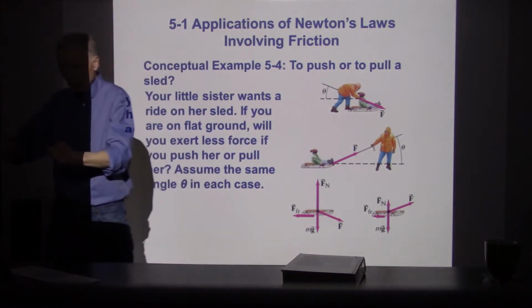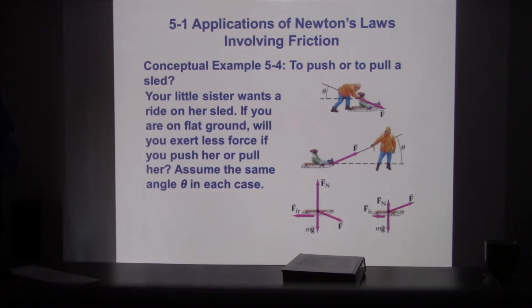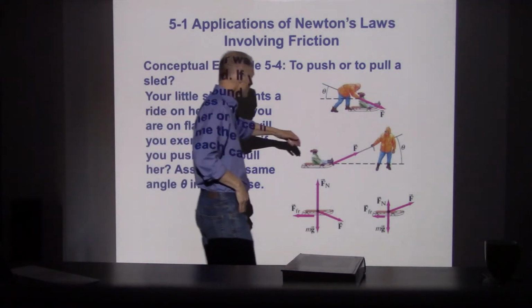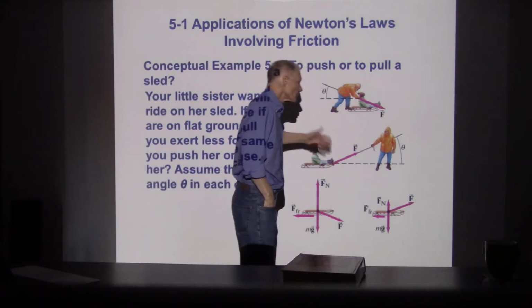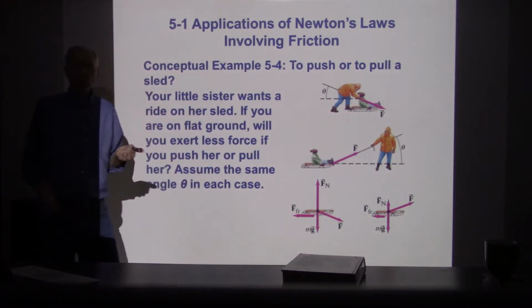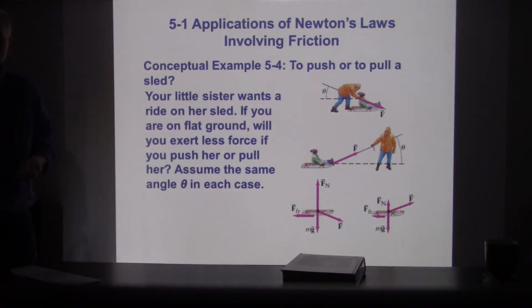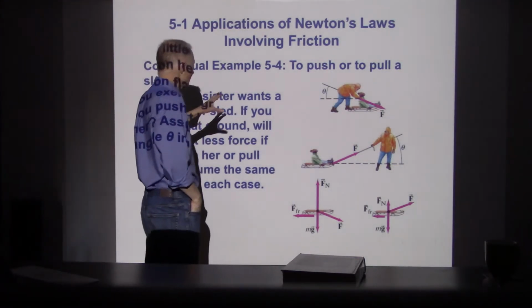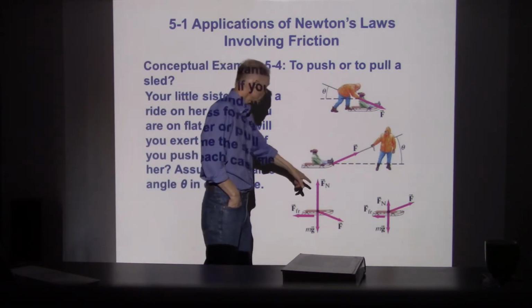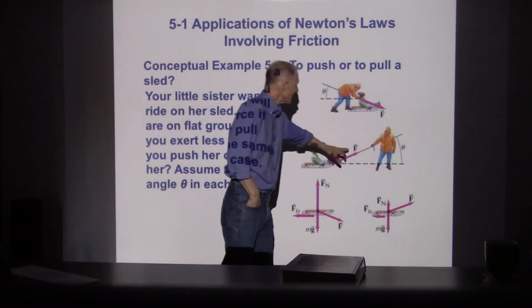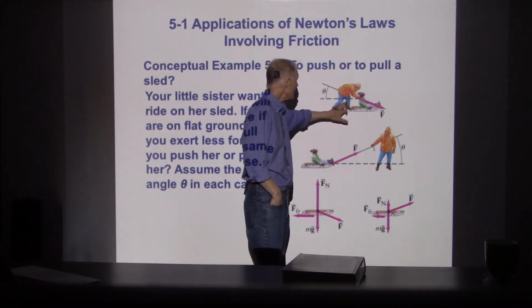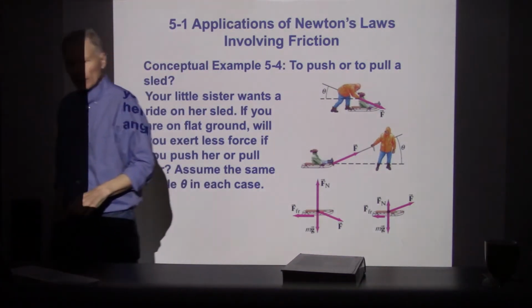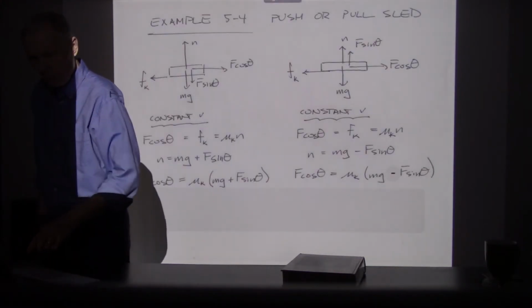So if I'm pushing down on an object while I'm sliding along the floor, that could increase the friction. Lifting upwards on the object as we pull it along the floor would lead to a smaller normal force, and that would lead to less friction. So what we're guessing here is that if our model works, where the frictional force depends on the normal force, this is going to be less friction than pushing down on that object.